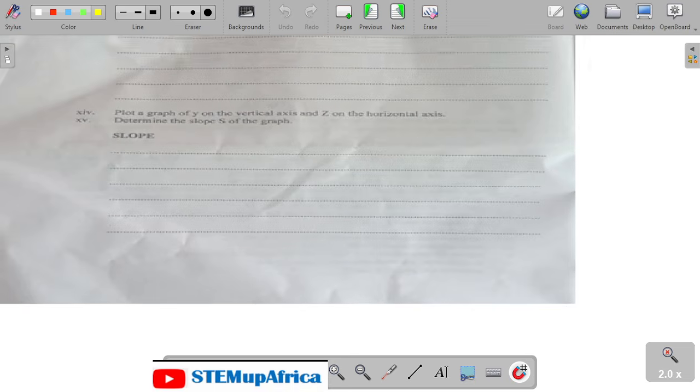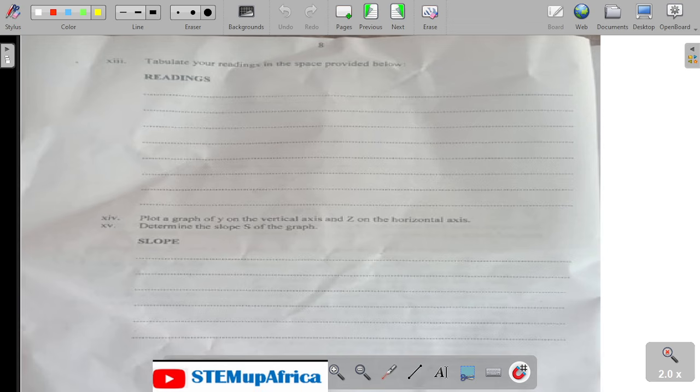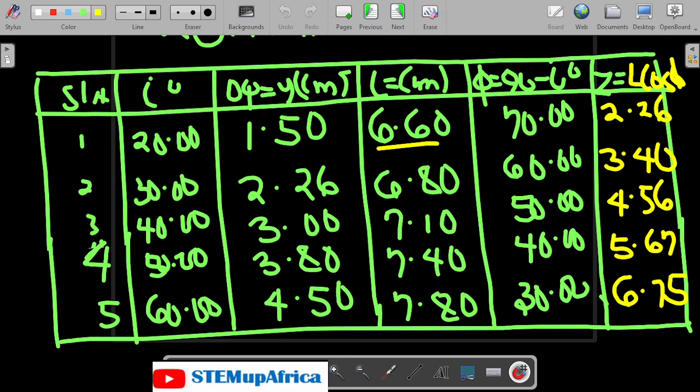So the question says you should tabulate your readings. Like I did, that is the table. Then you should plot a graph of Y on the vertical and Z on the horizontal. But before then, you need to know the scale you want to use. You must state the scale. It has its own mark.